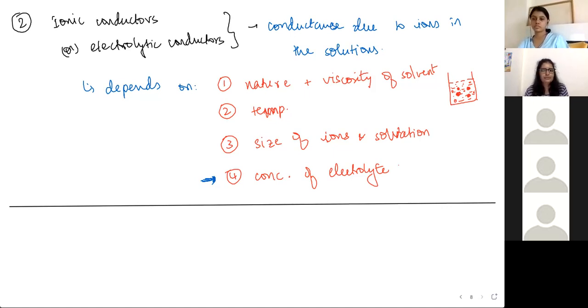Now, can you use a Wheatstone bridge in this case, where it's an electrolytic conductor? No, you can't do that. Why not? Ma'am, because for electrolytic conductors you need an entire setup, right?